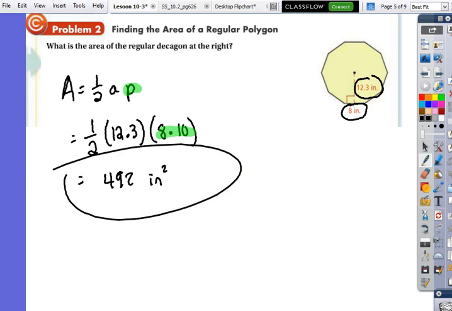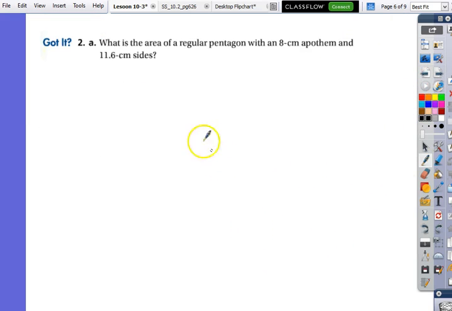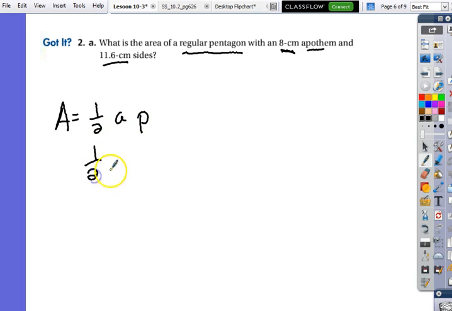Everybody okay with that? Let's practice one. Find the area of a regular pentagon with 8 centimeter apothem and 11.6 centimeter sides. The formula is area is equal to 1/2 the apothem times the perimeter. What was the apothem? 8.